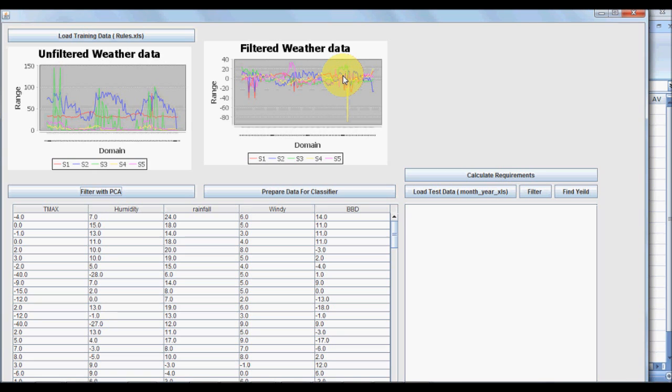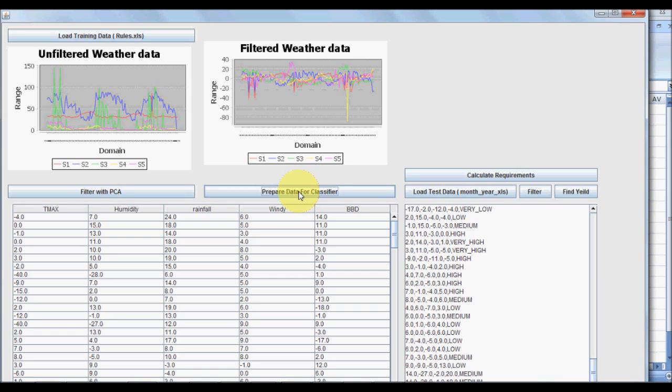Now we use a tree based classifier over here. So what we do is we prepare the data for the classification. This tree based classifier requires the class to be labeled. So based on these parameters, we convert the possibility or the percentage of disease as very low, low, medium, high, very high.